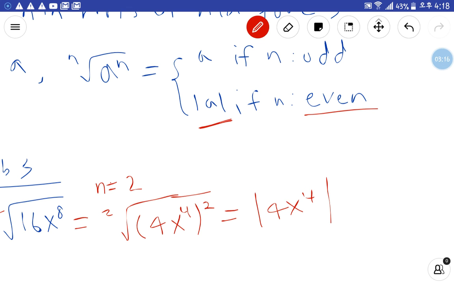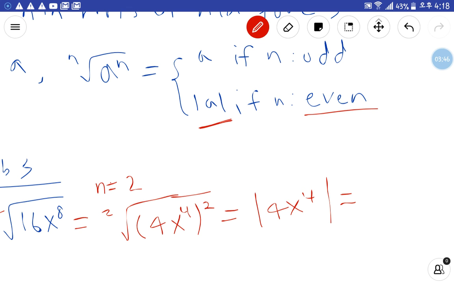So think about it. Absolute value of 4, what is it? It's still 4. So I don't really have to put absolute value around it. And then what about x to the 4th power? You have to pay attention to the sign. If you plug in negative 2 there, negative 2 to the 4th power, and if you put positive 2 in here, positive 2 to the 4th power.